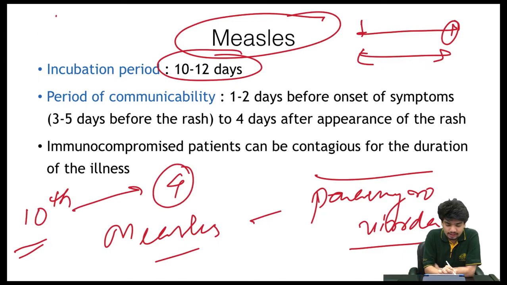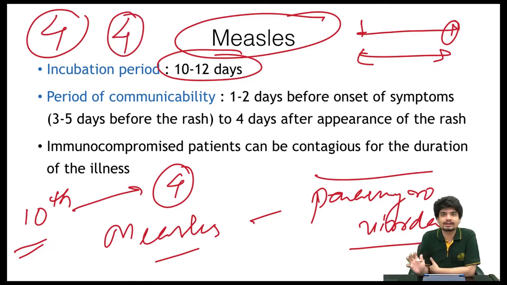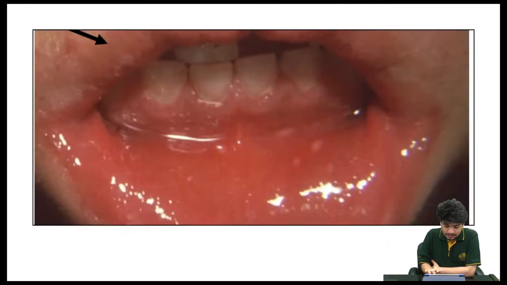This is also a question that has been asked in MCQs, a single word answer that can be asked in your entrance examination: how many days after the appearance of fever does the rash appear? The rash tends to occur on day 4 of fever. So you have the incubation period of 10 days. Around 1 to 2 days later, you have something known as the Koplik spots.